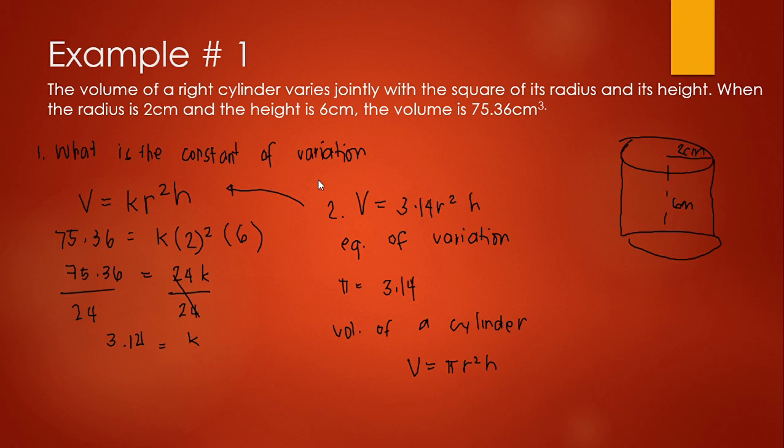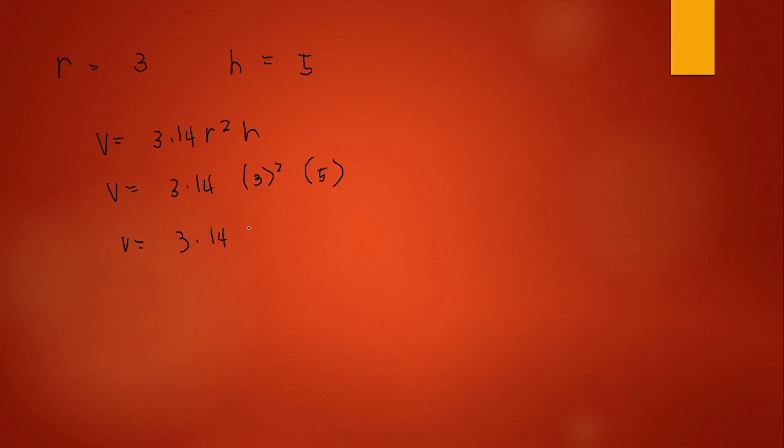Next, we have another question: we have to find the volume if r is equal to 3 and the height is equal to 5. Knowing that our equation of variation is V is equal to 3.14 r squared times height, let's substitute the value of r and h. So V is equal to 3.14 times 3 squared times 5.